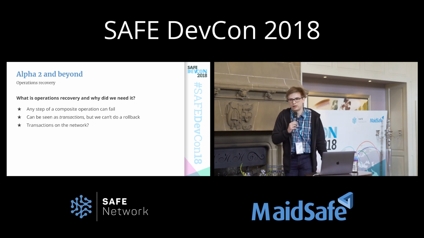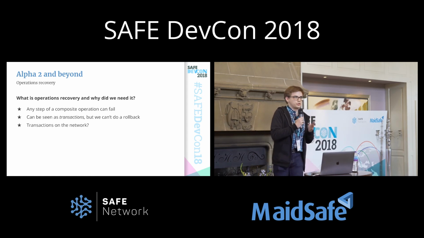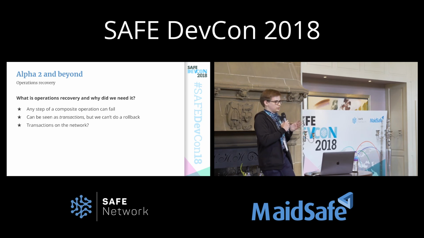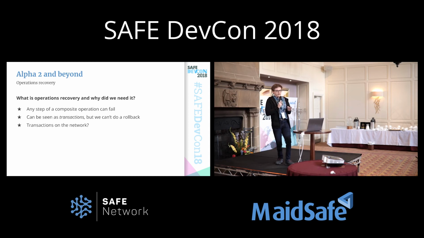So there are a lot of operations that, on the surface, look like a single operation. So you register your account on the network, and now to you, it might look like a single atomic operation. In fact, it's not, because underneath, it is a lot of different sub-operations.